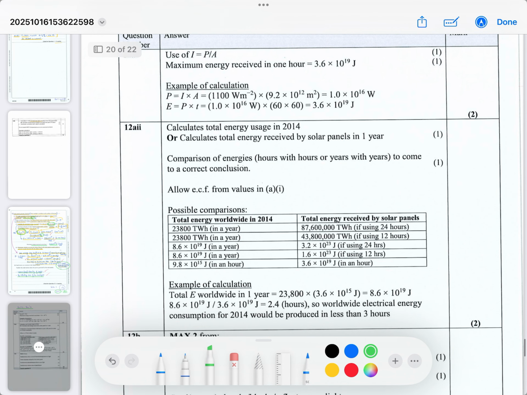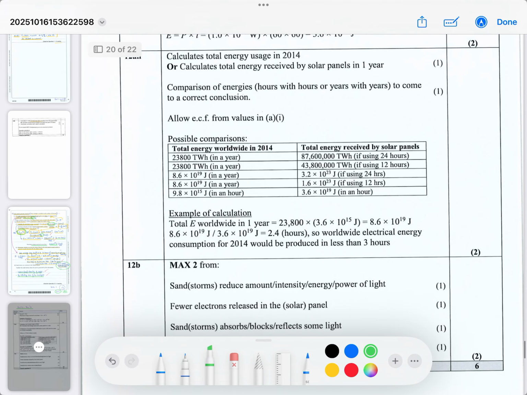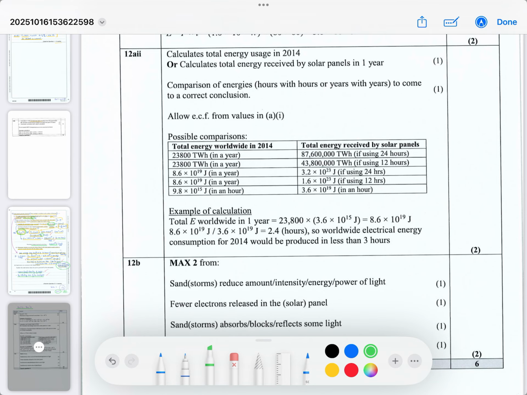Okay, so there's the mark scheme. You can see how we did the intensity to power conversion and then to energy in joules. And here are all the different comparisons that they made. I did this one using 12 hours because obviously you're not going to get sunlight for 24 hours. So I thought the 24-hour one is not a good way of doing it.